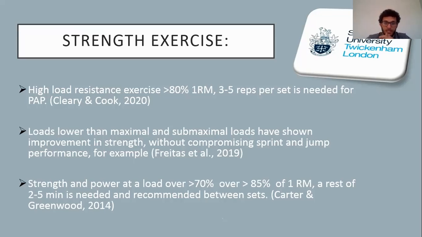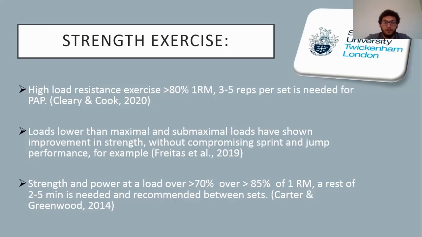Cleary and Cook 2020 suggested that in a complex training method, a high load in the resistance exercise is needed for the activation of post-activation potentiation, and it should be over 80% of 1 rep max and around 3 to 5 repetitions.